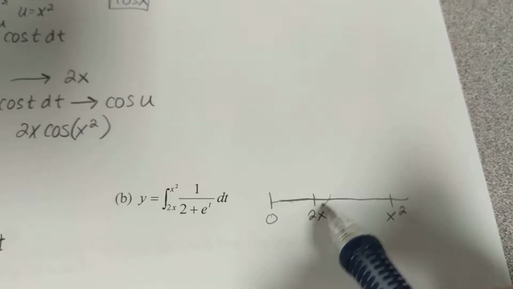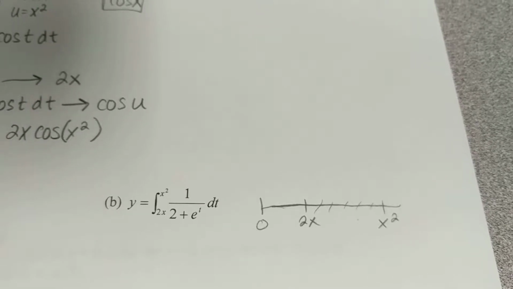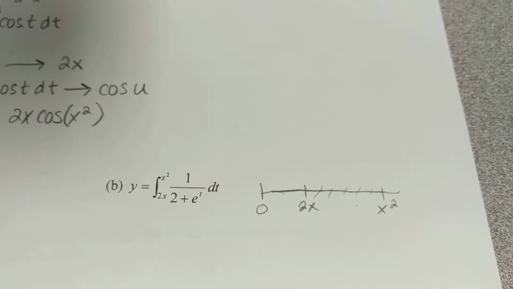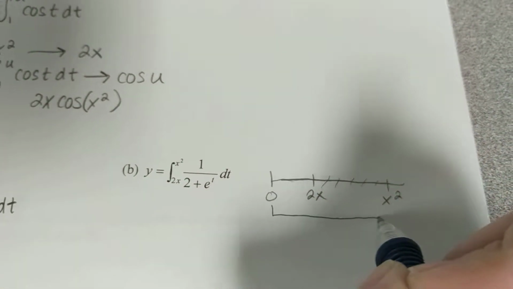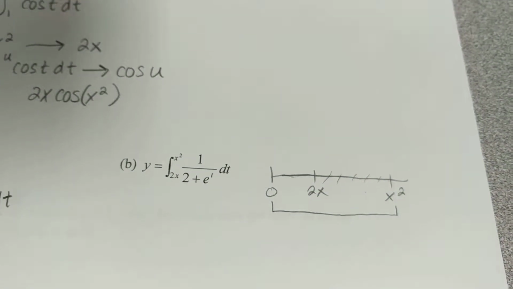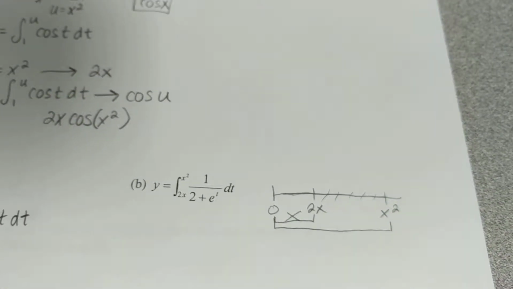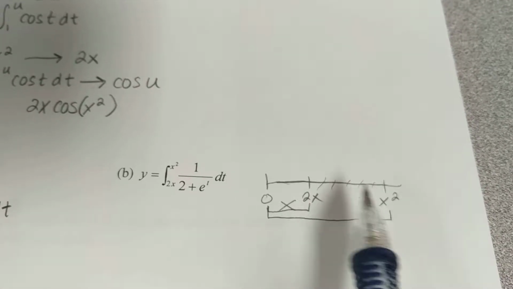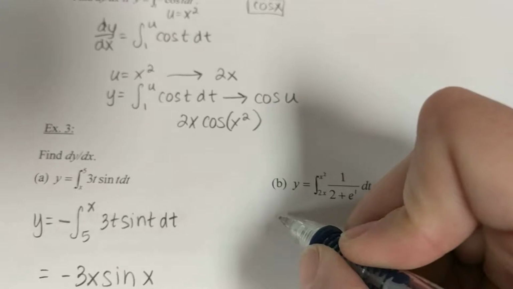I want this region here from 2x to x squared. I'm going to have to write this as two integrals. So I'm going to say, well, what if I go from 0 to x squared and I take away 0 to 2x? That would leave me with 2x to x squared. So let me write that out.